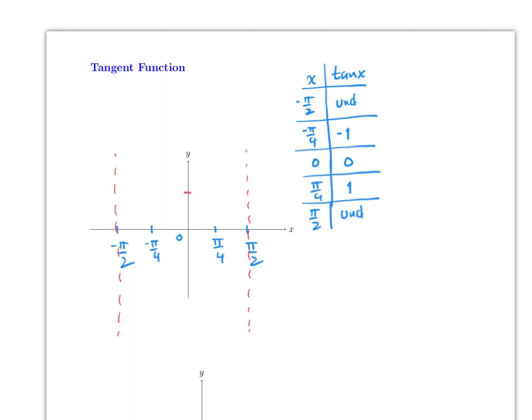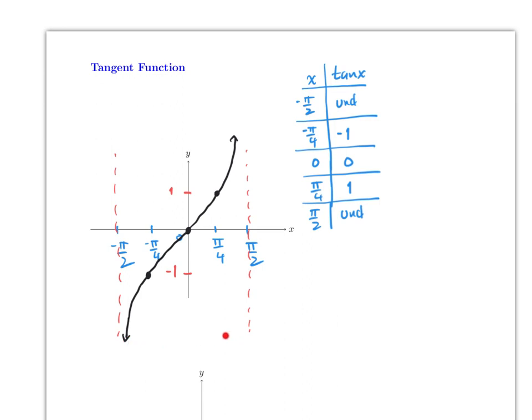And then let's say this is 1, so therefore this is negative 1. So at this point, this is 0, here, and here. So the graph is going to look something like this. And notice it will never cross the line pi over 2 or minus pi over 2.